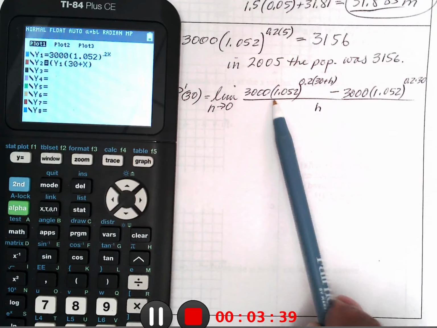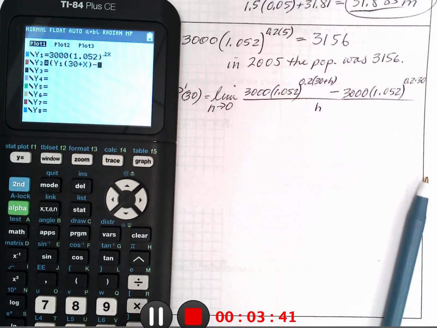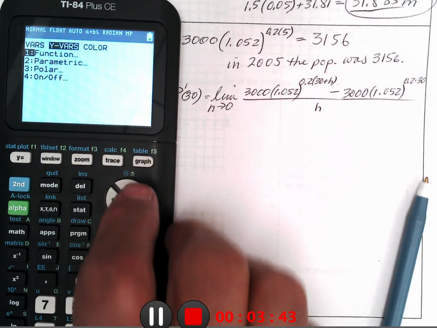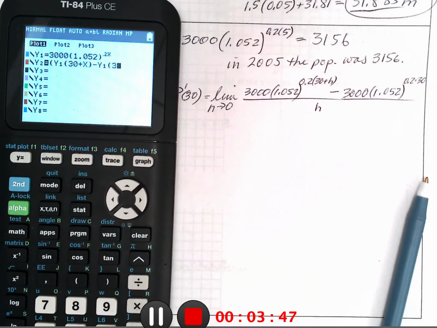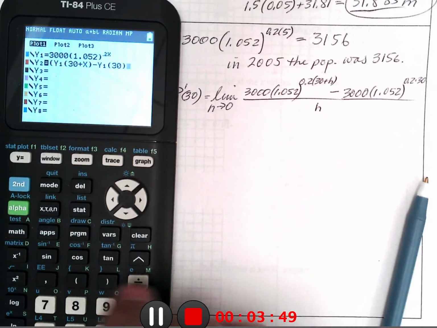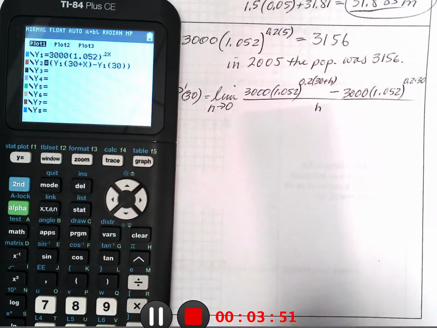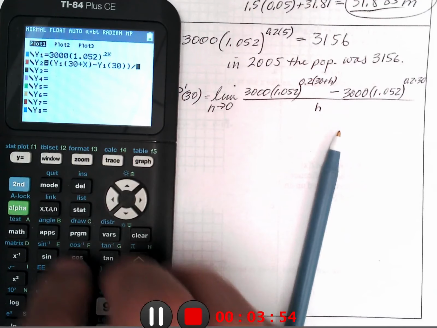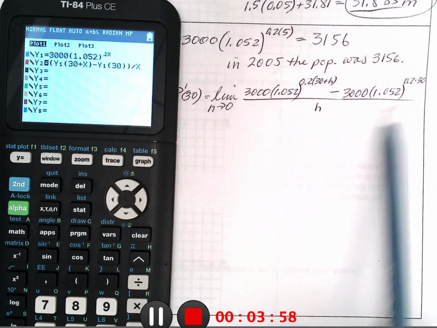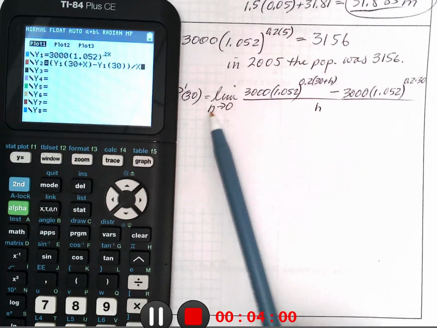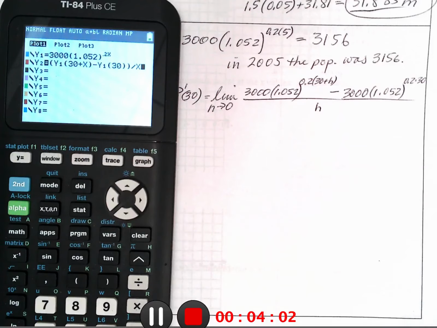Minus, and then I'm going to do y1 again of just 30. So that's the numerator, and that's all divided by x. And so there's this whole thing typed in, and now I just want to find the limit of it by letting h get close to 0, or in this case, x get close to 0.